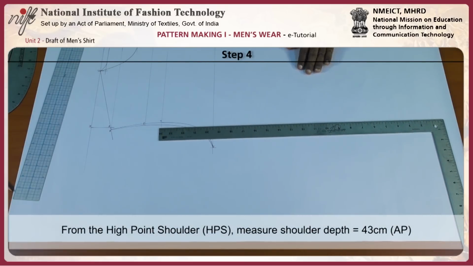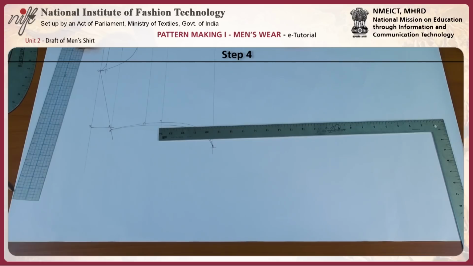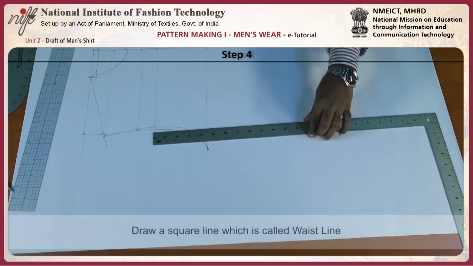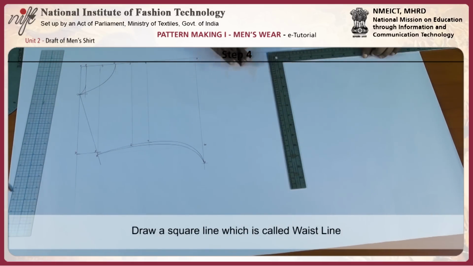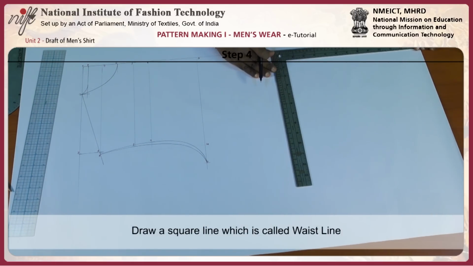From HPS, that is high point shoulder, or from the imaginary line, measure shoulder depth 43 centimeters. Or you can consider from A to P. Then draw a square line which is called waistline.